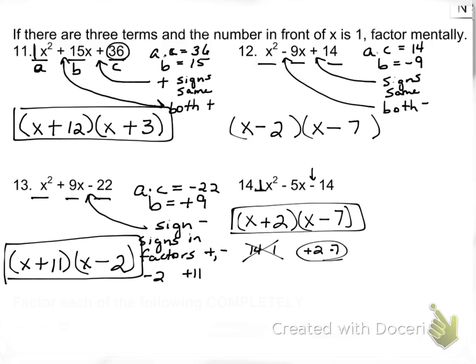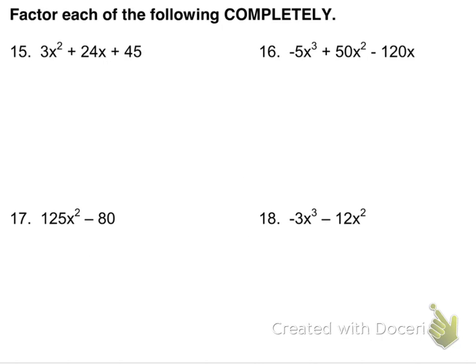Alright, let's look now at the last set. And for these we have to factor out a greatest common factor. In this last section, we're factoring completely.